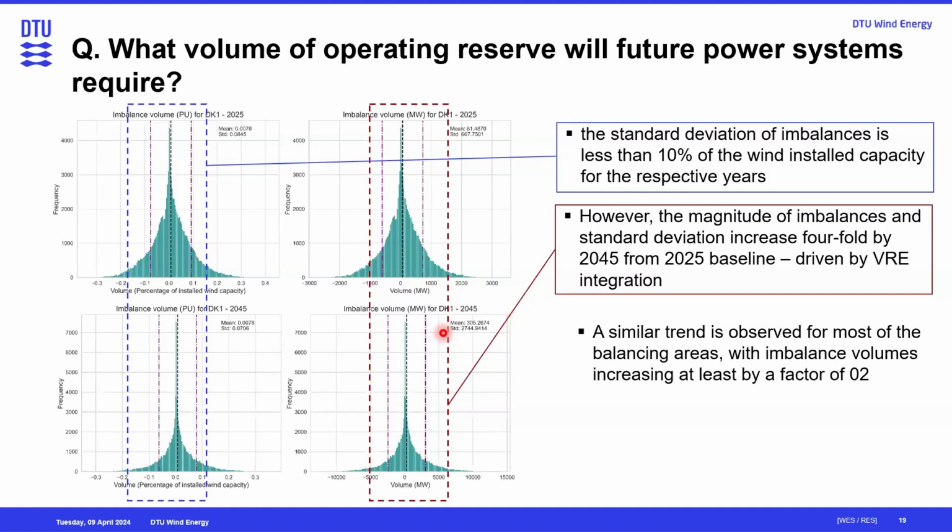If you look at the megawatts in 2025, for example, 90% of the time your imbalance is looking at 1,000 to 1,500 megawatt oddish, right? So that kind of balancing reserve you need, be it in Denmark, DK1, or in the neighboring region, to mitigate the imbalance. But when we look at 2045, for example, the volume is more than 5 gigawatt, right?